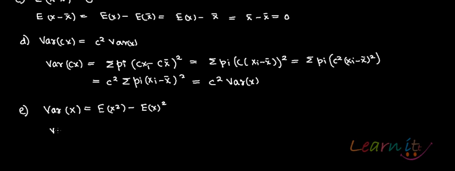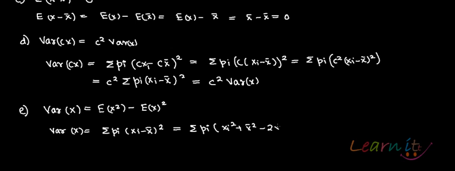Variance of x is given by summation of pi xi minus x bar square, but just open up xi minus x bar square, you'll get xi square plus x bar square minus 2 xi x bar. This is what you'll have.